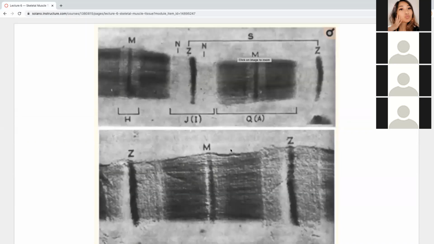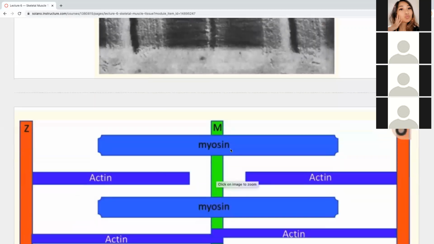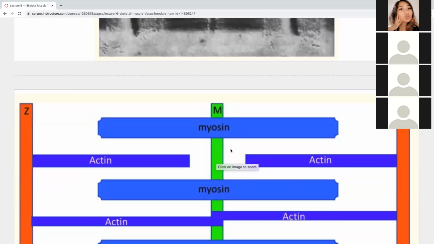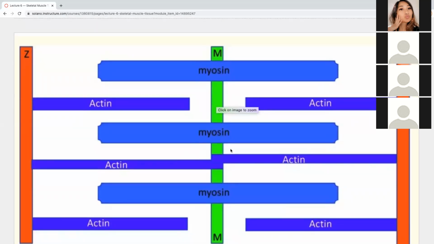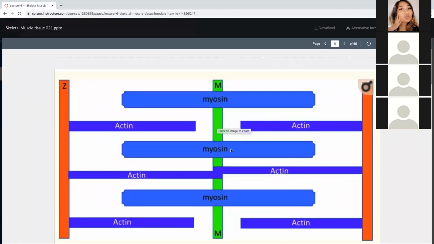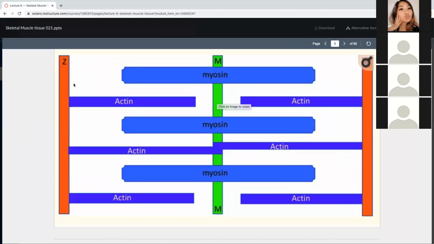It is pretty difficult information to absorb. But if you think about that, in between two Z lines, we have actin and myosin.